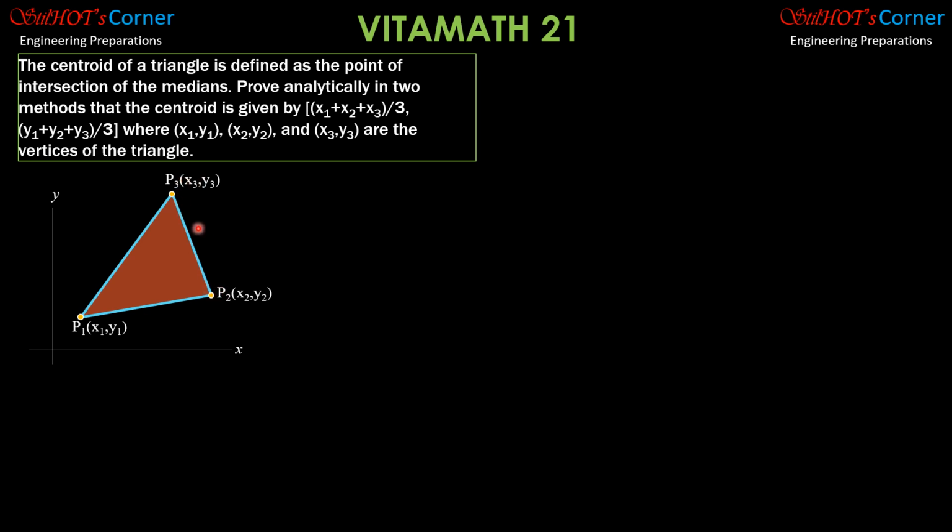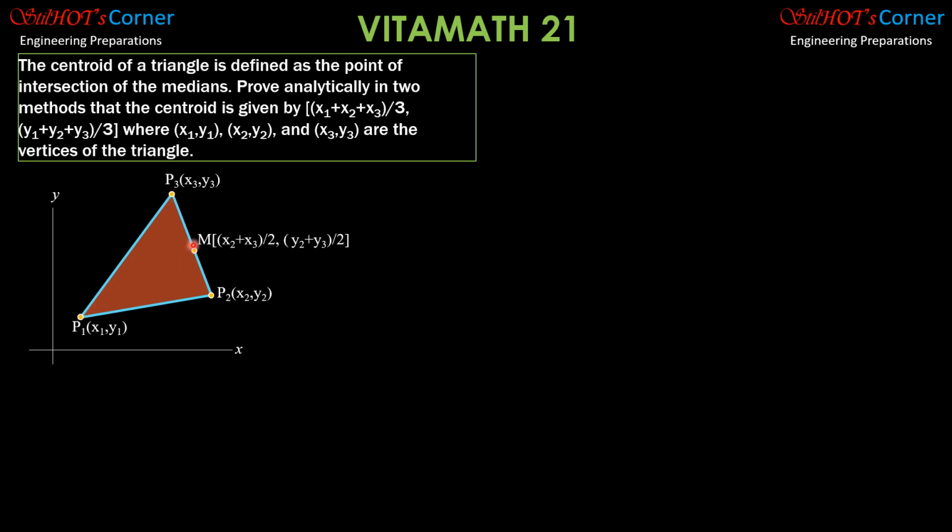So that would be (x2 + x3)/2, comma, (y2 + y3)/2. We will call that midpoint between points 2 and 3 as M, with coordinates 1/2 of the quantity (x2 + x3) and (y2 + y3)/2, or simply the average of the coordinates, because this is a straight line and that's the center of that line.